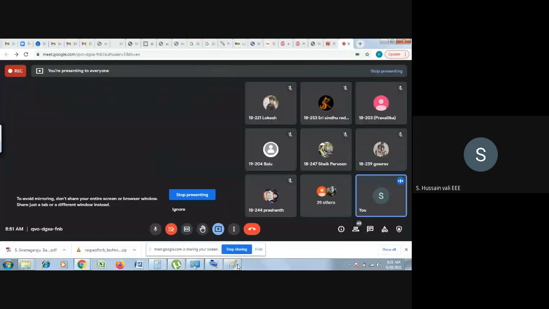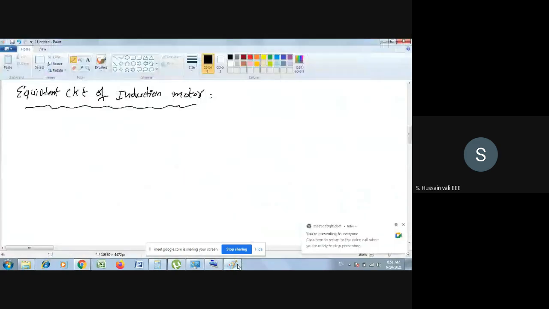What is the equivalent circuit of the induction motor? We'll see here now. I hope you know all this already, but we'll just do it directly. I will draw the equivalent circuit referred to the stator.